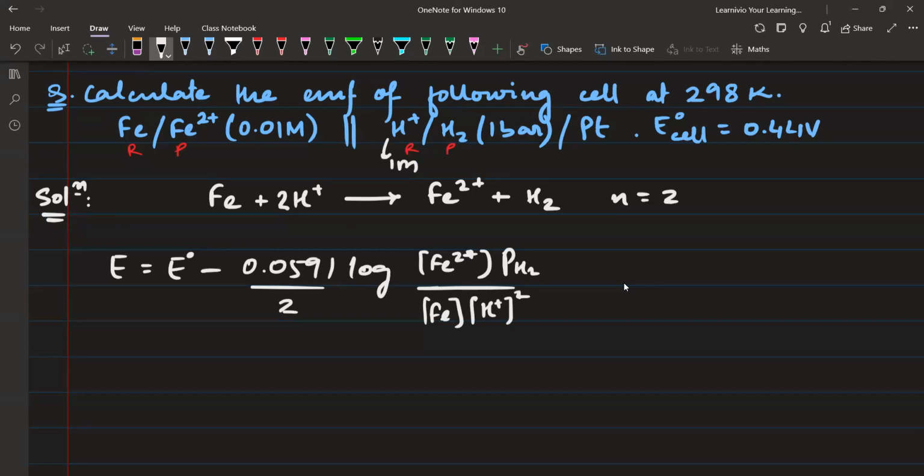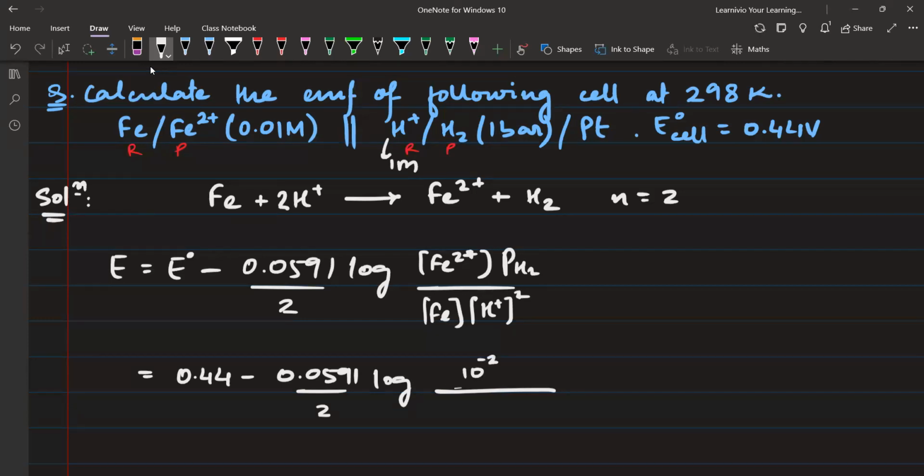Now I will plug in the values. E naught is given as 0.44 minus 0.0591 divided by 2 log of, what is the concentration of Fe2 positive? See in the cell representation, 0.01. Yes, very good. Write 10 to the power minus 2.